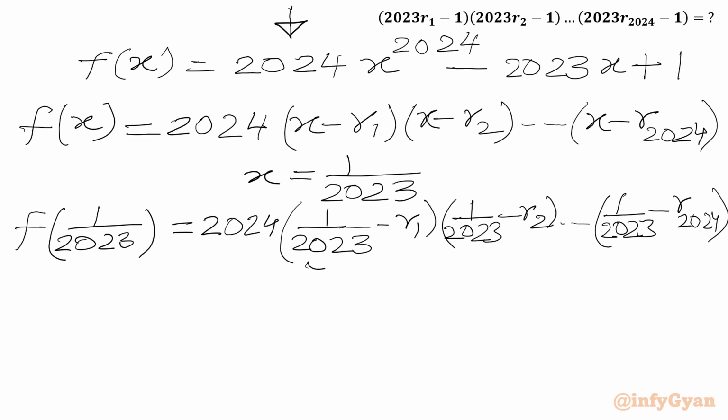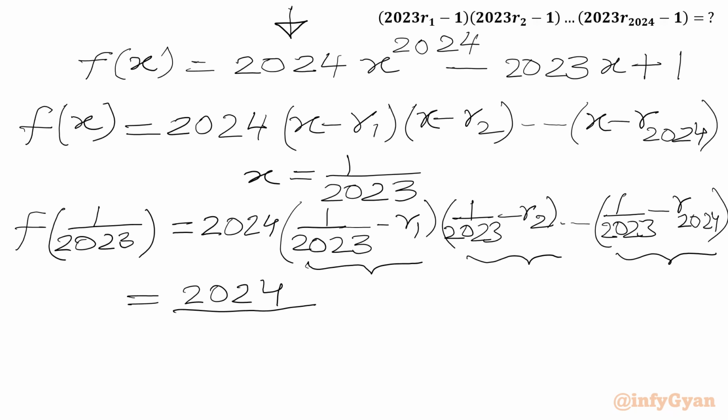Now we are going to take the LCM here. So we will write 2024. How many 2023s in the denominators? We have to multiply, so their number would be 2024. We have to write 2023 with power 2024 in the denominator.